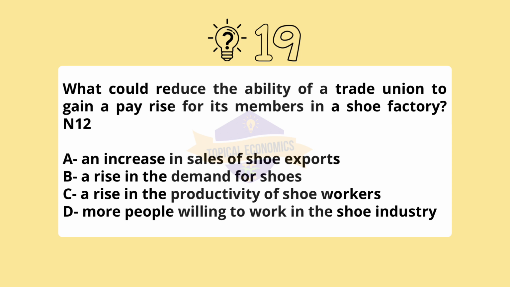This situation can lead to stagnated wages or even reductions in wage growth, as workers may be more willing to accept lower pay due to the abundance of job seekers. So the answer for this question, what could reduce the ability of trade union to gain a pay rise for its members? The answer would be option D. That is, more people willing to work in the shoe industry.